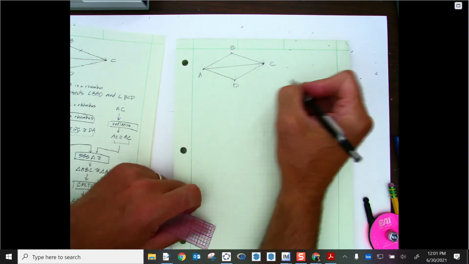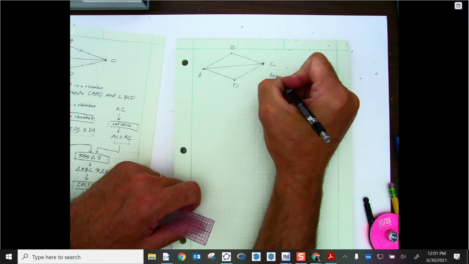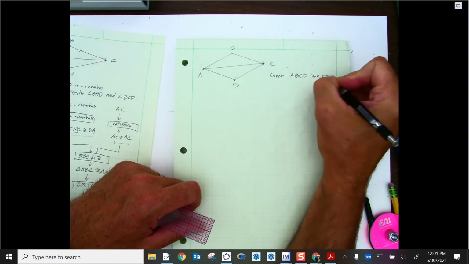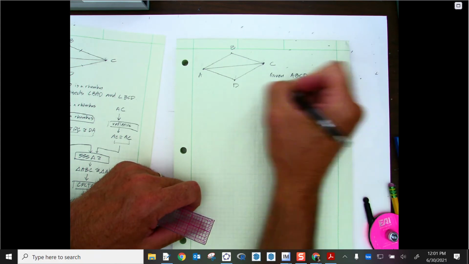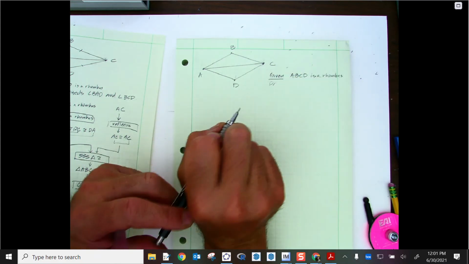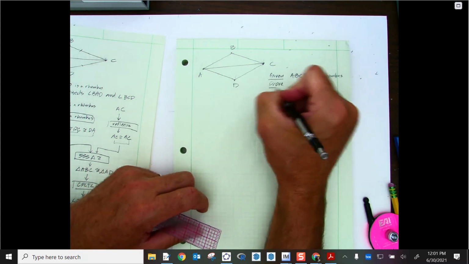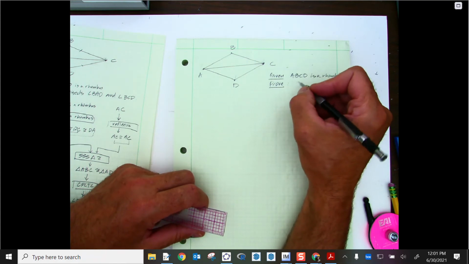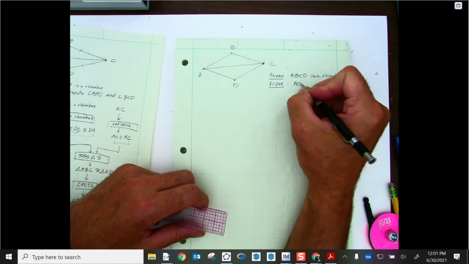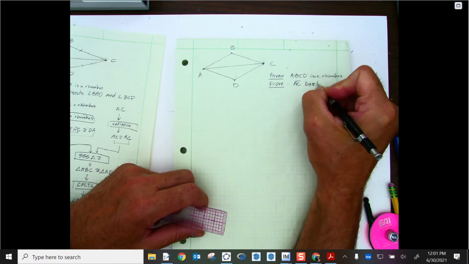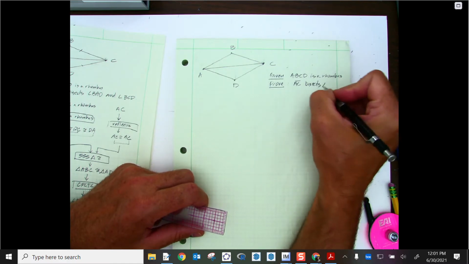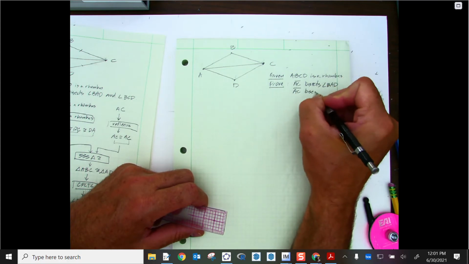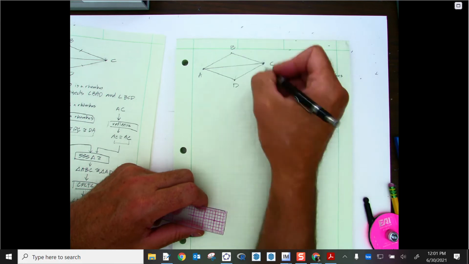So given ABCD is a rhombus. Prove AC bisects angle BAD and AC bisects angle BCD.